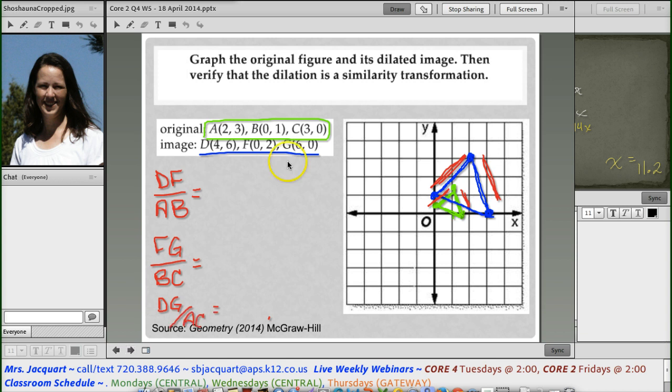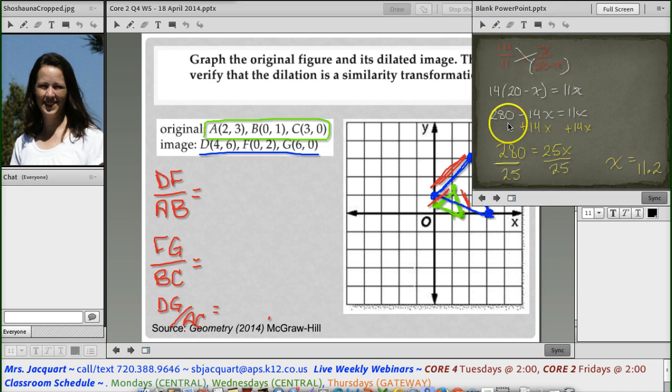So I'm going to use the whiteboard to find the distance on all of these. Just a reminder of how to find the distance formula. Square root of x2 minus x1 squared plus y2 minus y1 squared.